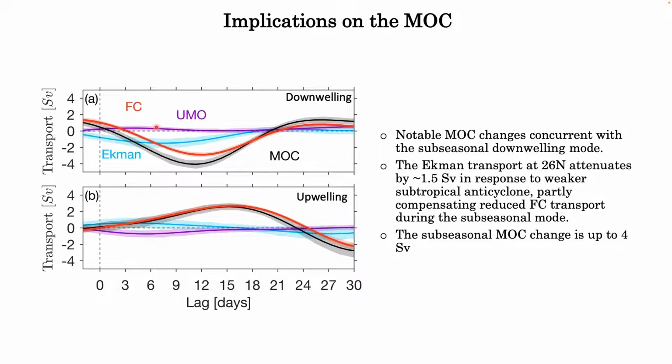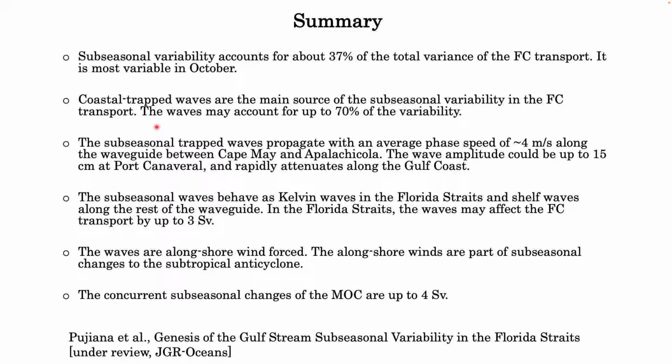That is partly compensated by this meager northward upper mid-ocean transport. But overall, the subseasonal change in the MOC transport is about 4 Sverdrups, which I believe is just slightly smaller than the standard deviation of the MOC transport.